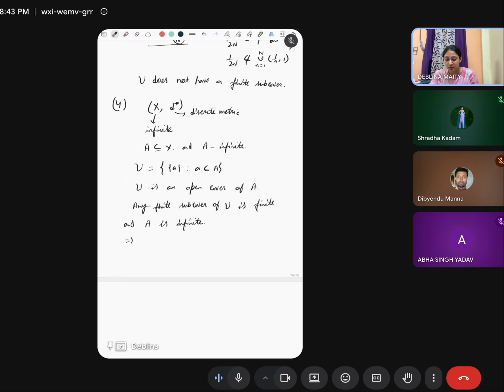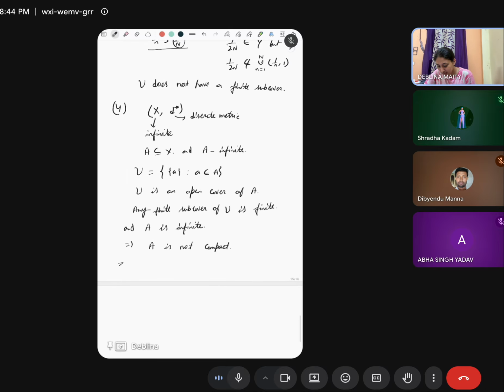So U does not have a finite subcover of A. So this means A is not compact. And A was what? Infinite.